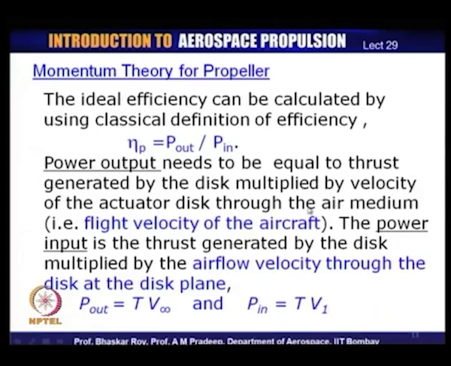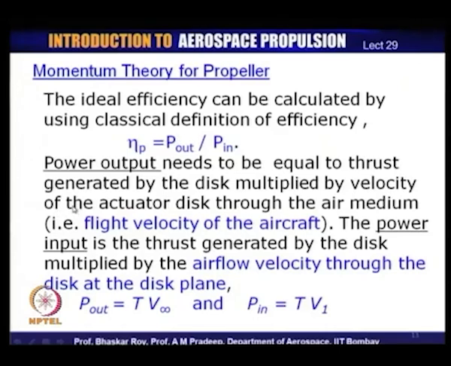In our momentum theory, the power input is the thrust generated by the disk multiplied by the air velocity through the disk at the disk plane, whereas the power output is the thrust multiplied by the flight velocity of the aircraft.